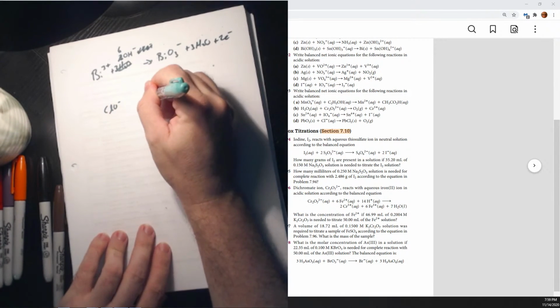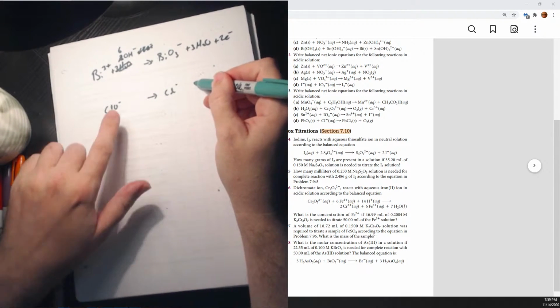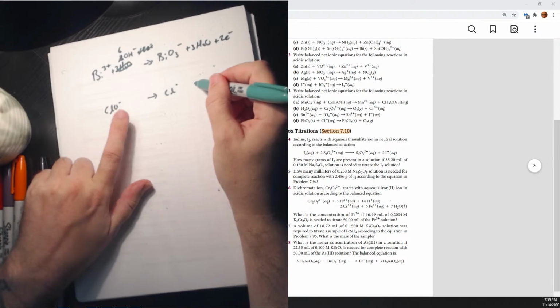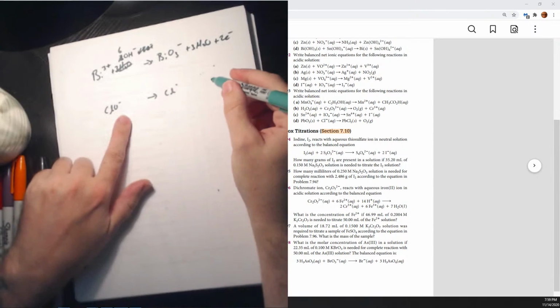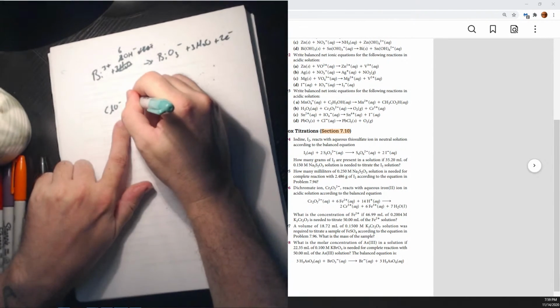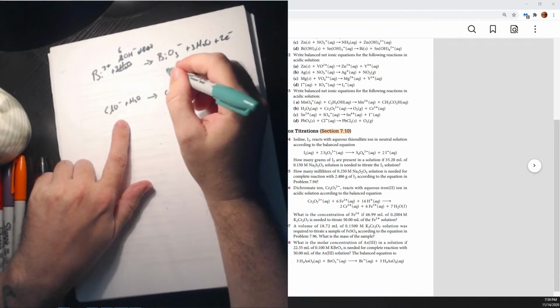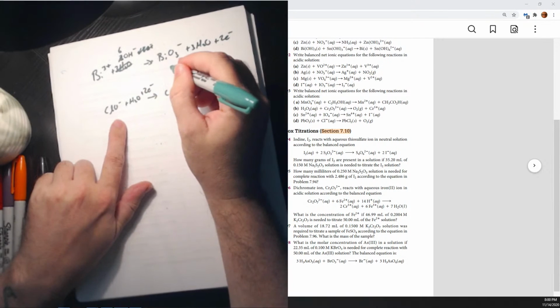ClO minus goes to Cl minus. Water. So we have 2 water. No, wait, so 1 water over here. So that would be 2 H plus over here. So instead, we're going to get 2 water minus the 1 water, so H2O plus 2 OH minus. So this is going to be 2 electrons, yes?